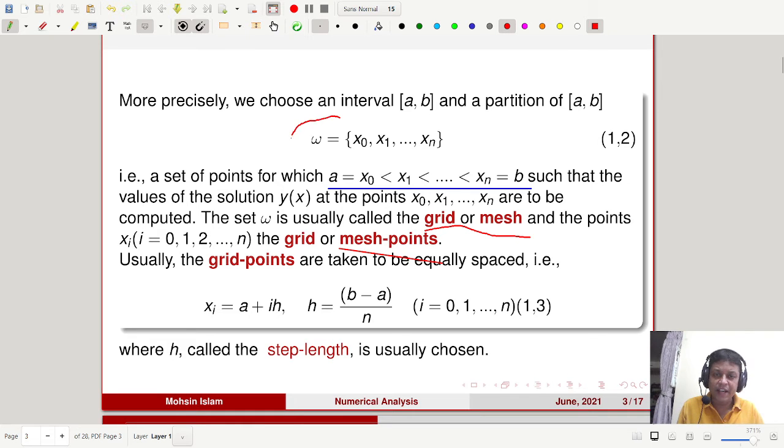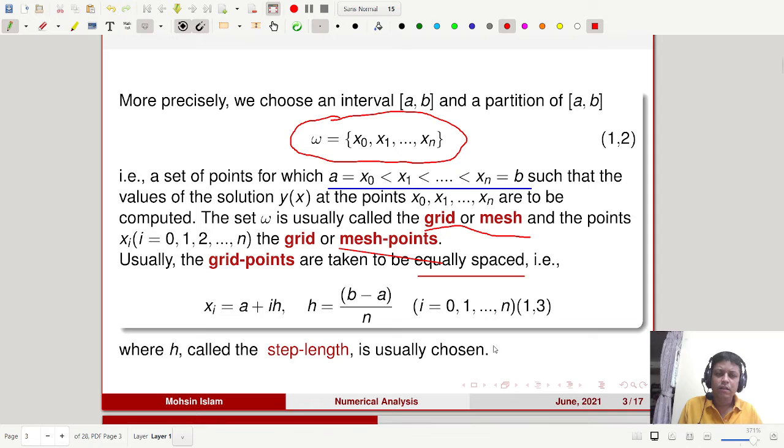So this set is the grid or mesh set of points, and the points xi, i = 0, 1, 2, up to n, are called the mesh points. Usually, the grid points are taken to be equally spaced. Point to be noted, everyone, that the points are equally spaced rather than unequally spaced. That is xi = a + ih, h = (b - a)/n.